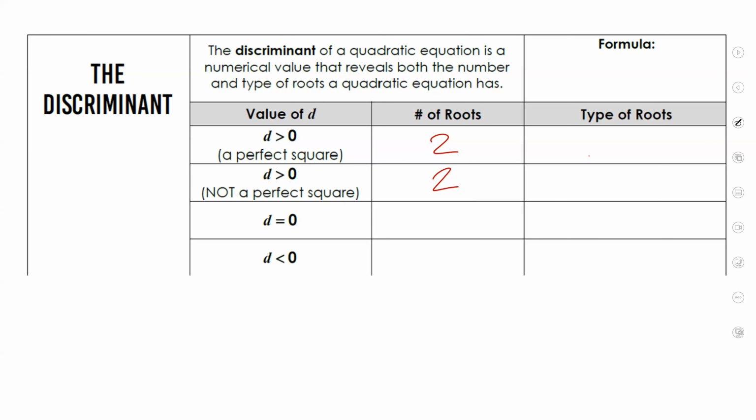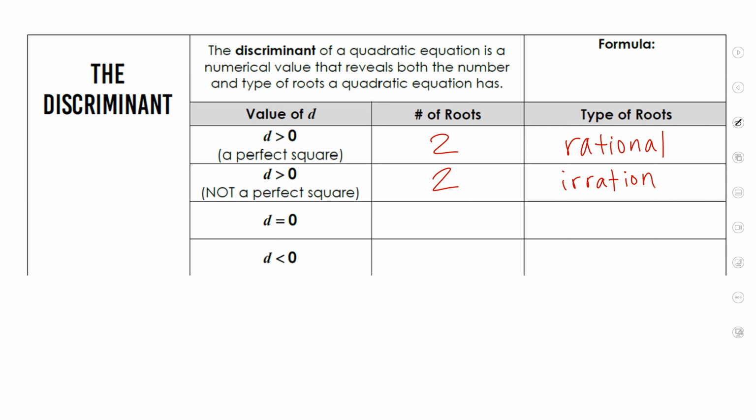If we get a positive discriminant, we're going to get a rational root if it's a perfect square, and irrational if it's not a perfect square. A rational number is a number that's on the number line. Irrational goes on forever, like pi, 3.14, and it goes on forever. Or the square root of 2, it's just a whole bunch of numbers after the decimal. That's irrational. Okay?